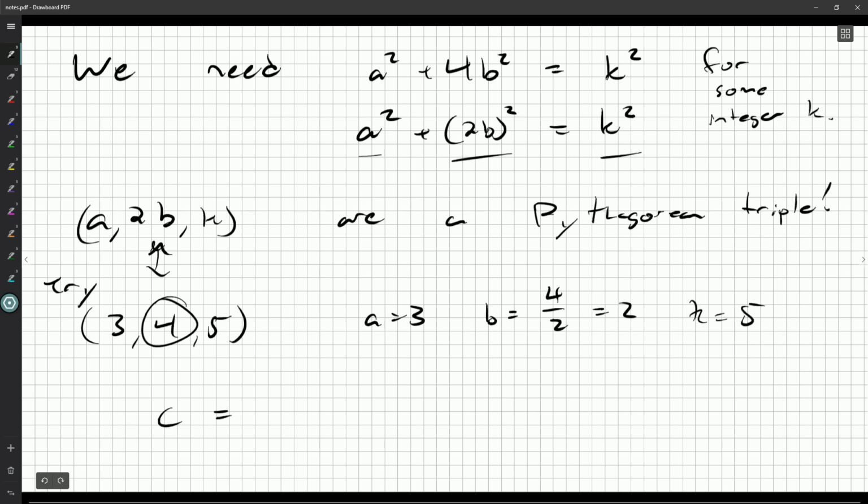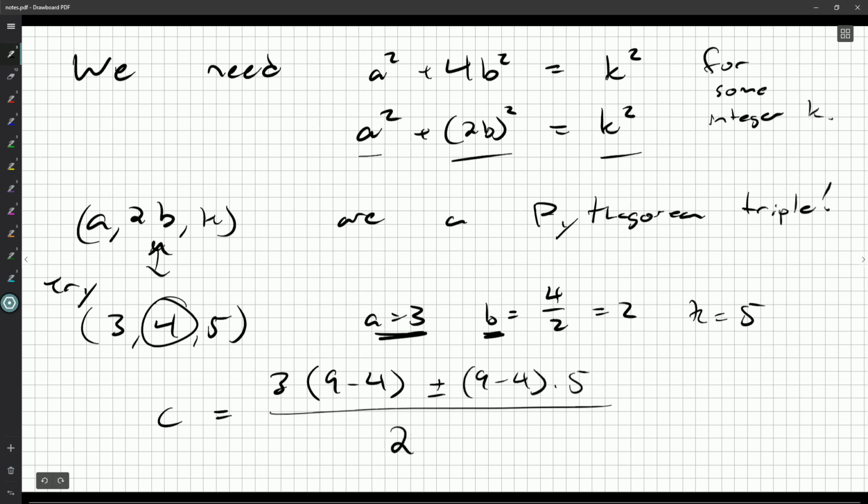So then we get C is A. And you'll notice here the A is bigger than the B, so that's actually something we would need to watch out for. You'll get 9 minus 4, plus or minus, we don't need that square root anymore. We'll get 9 minus 4 as well, times K, which would be 5, all over 2B squared, so 2 times 4.